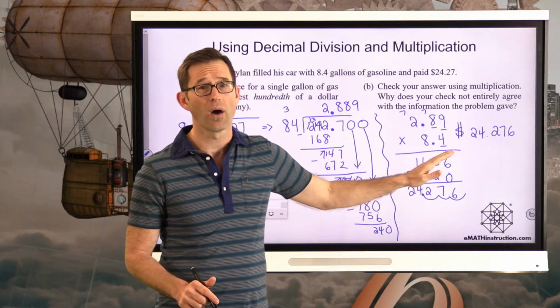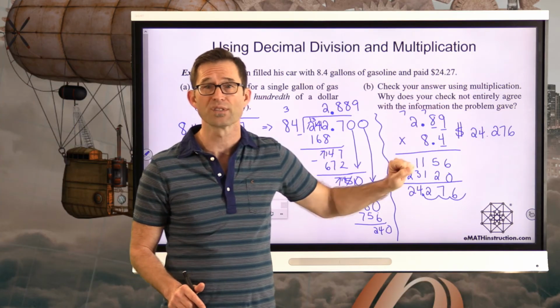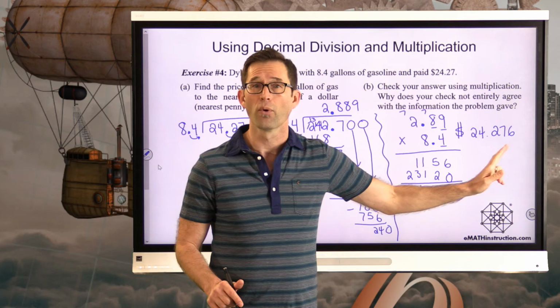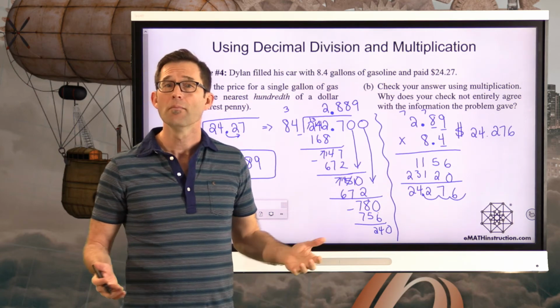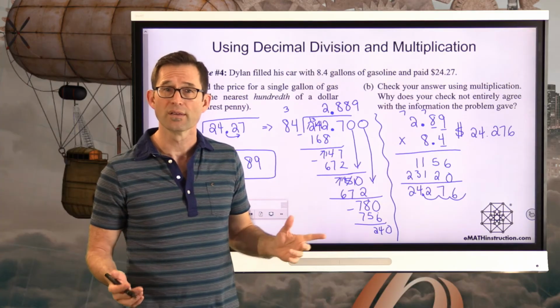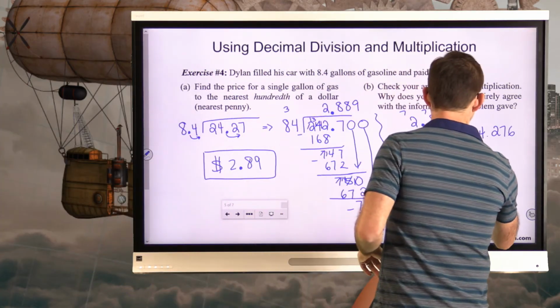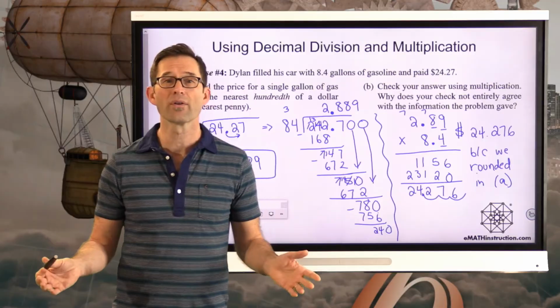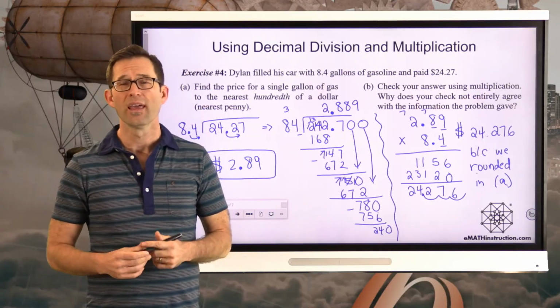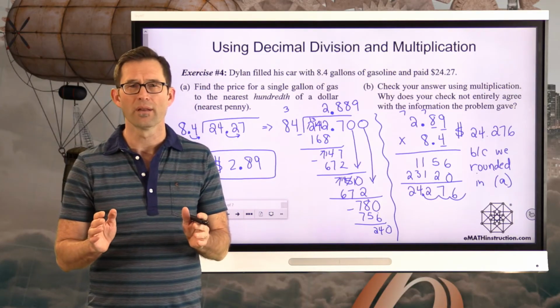We were thinking 24.27, and we got 24.276. So it's close. We feel good about it. But the reason it doesn't entirely agree is, again, because we rounded in A. Anytime you round an answer and then you use it, it can throw things off just by a little bit.